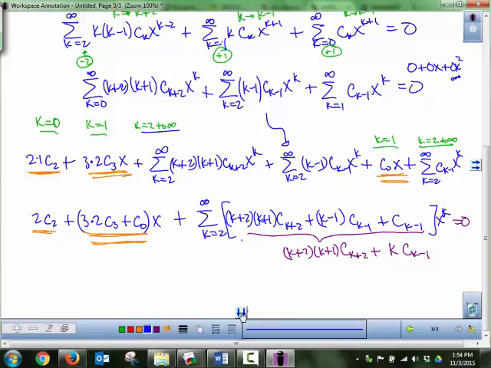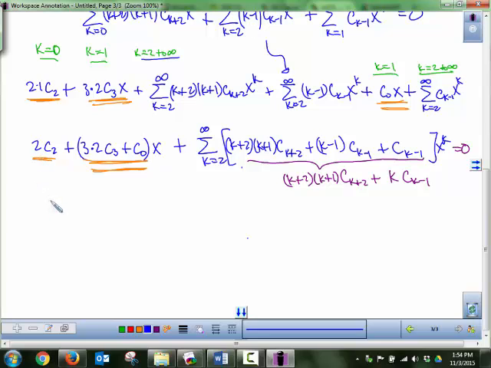Then I have 2 c sub 2 equal to 0, which means c sub 2 equal to 0. Now I have 3 times 2 c sub 3 plus c sub 0 equal to 0.